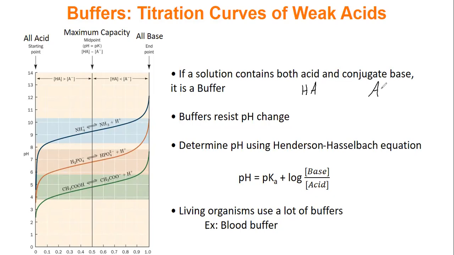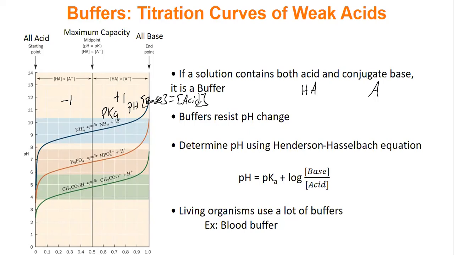Buffers have an effective range of +1 to -1 of what is called their pKa. The pKa is the pH when base concentration equals acid concentration.